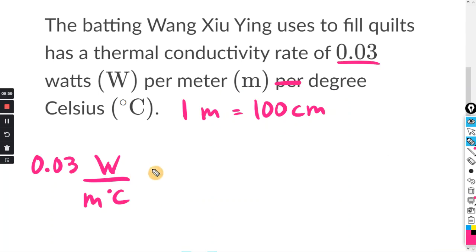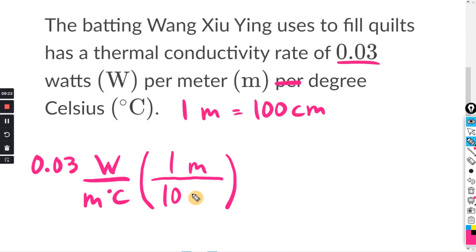Okay, we only have one conversion, so we just need one fraction. And we want to change this meters into centimeters. Since I want meters to cancel, and it's in the denominator, I want meters here in the numerator. Okay, 1 meter equals 100 centimeters.